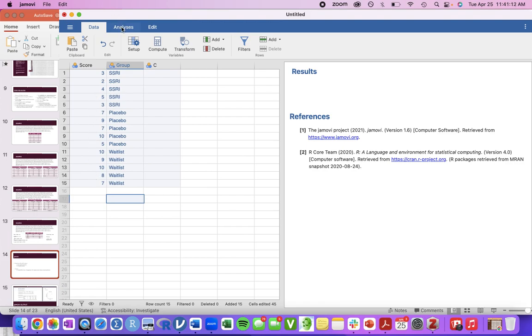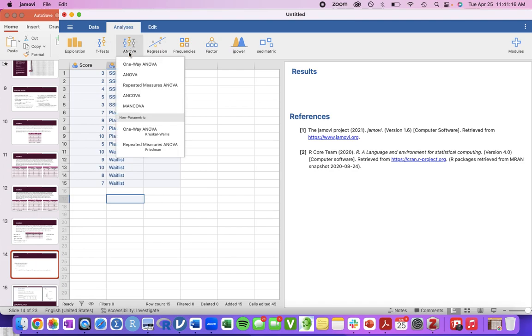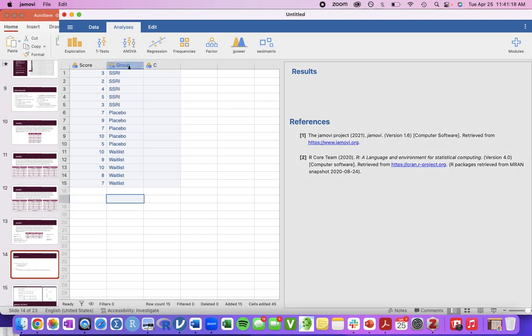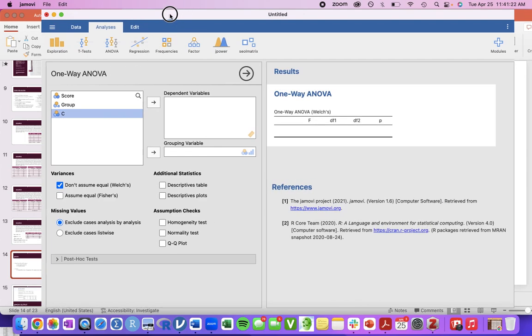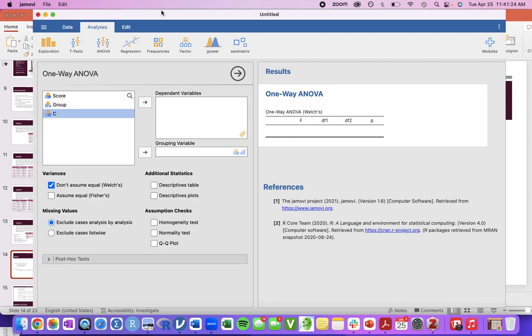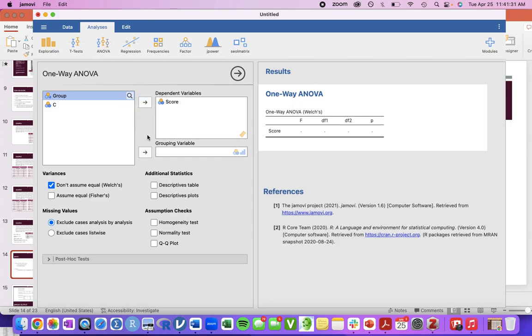So what I would do is I would click Analyses, I would click ANOVA, and we're working on one-way ANOVA. A one-way ANOVA is when we only have one factor. So here our factor is treatment. So here I'm going to put my score in the dependent section and my group in the grouping section.